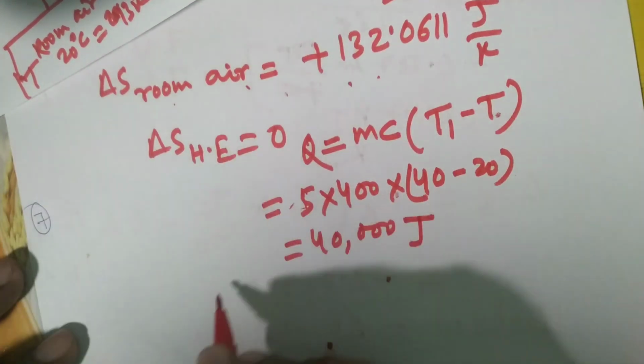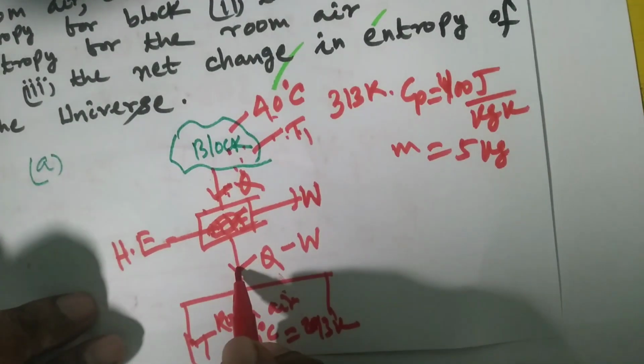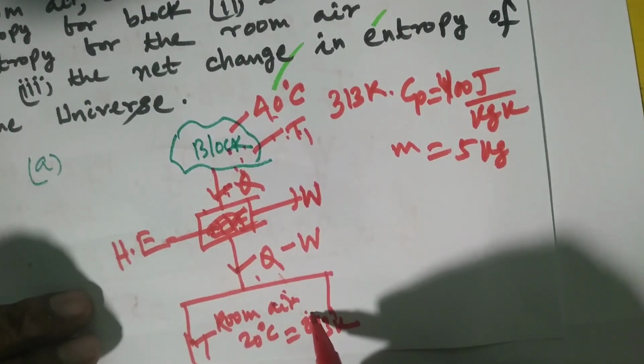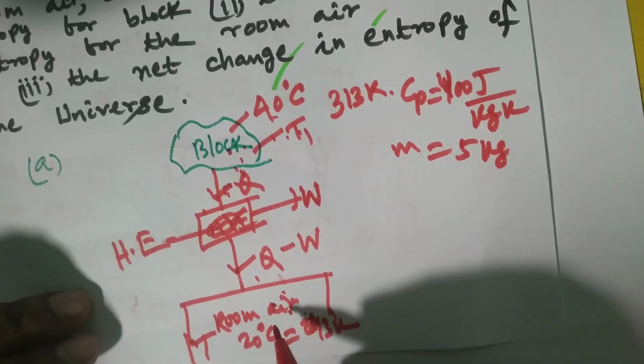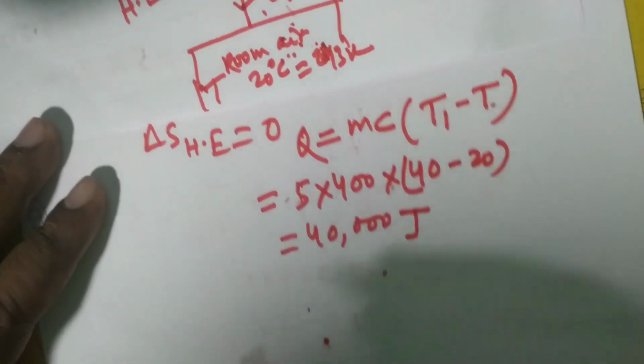So if you calculate the change in entropy of this thermal energy reservoir, what will be the change in entropy of this thermal reservoir in terms of Q and W?